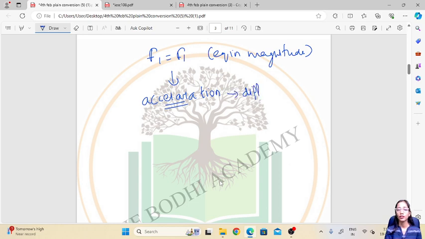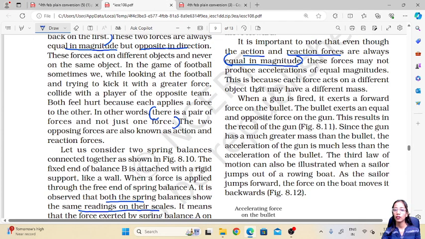It will differ. Why will it differ? Because it depends on the mass, right? How big the object is. This is because the force acts on objects which have different masses. So for a larger mass object, even if the same amount of force is exerted on it, it will not produce that much acceleration because a larger force is required.